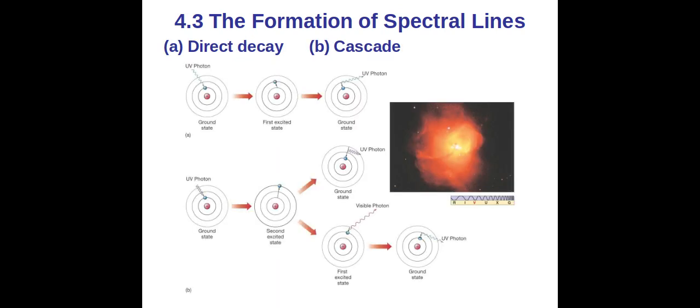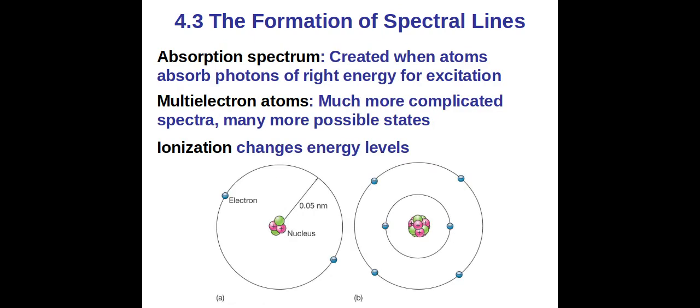And this is the important point: every time an electron goes from an excited state to a lower state, a photon is emitted, whether it's from the first excited state down to ground, or second to first, or whatever. Every time an electron goes down in an energy level, a photon is made. A photon is a particle of light. So this is how we make light.